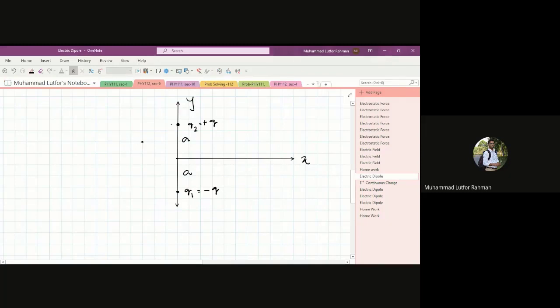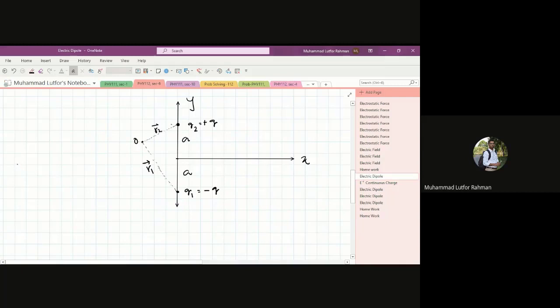In that case, say this would be my R2 vector, and this one would be my R1 vector, position vector. Right. So this is my origin over here. Fine. Say let's write down.